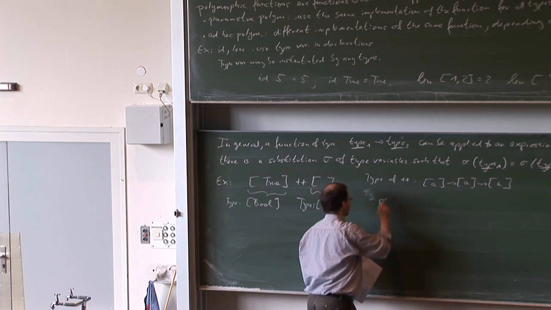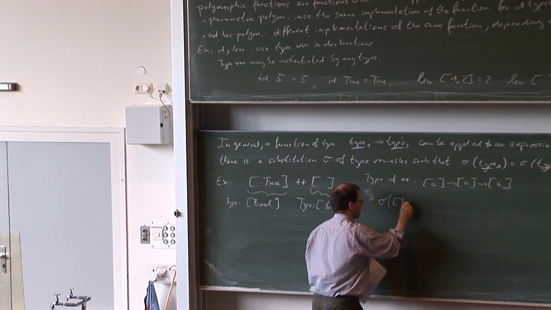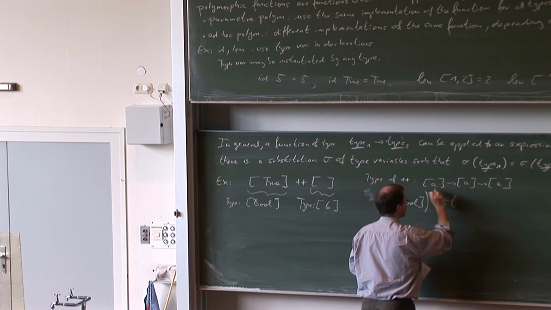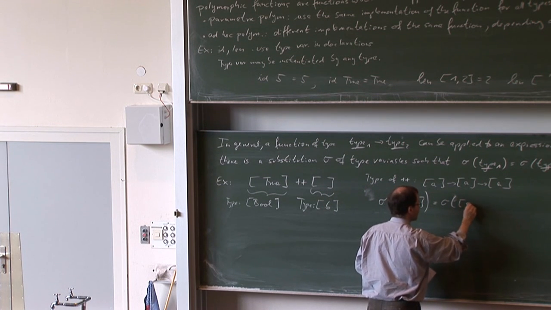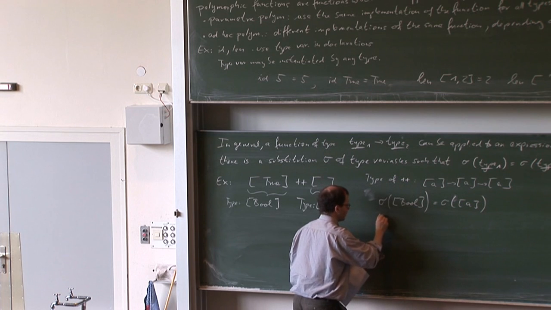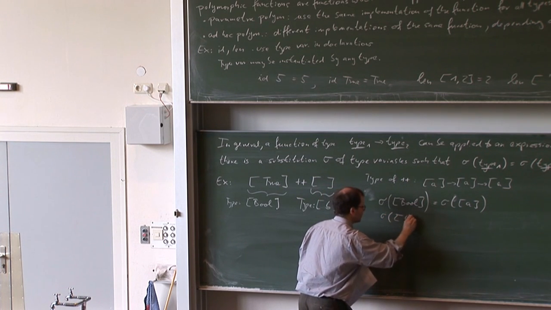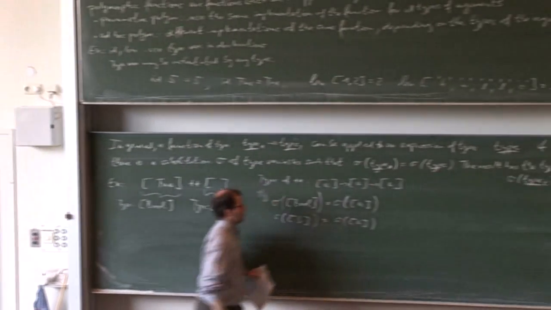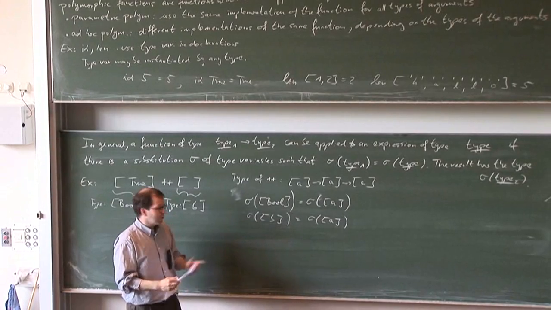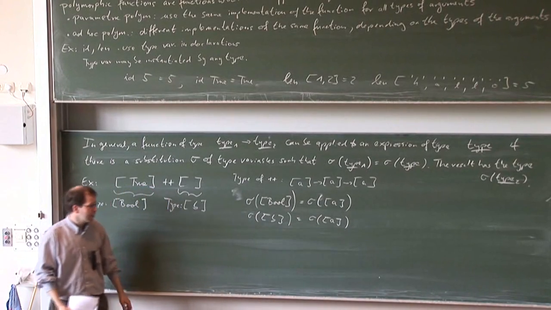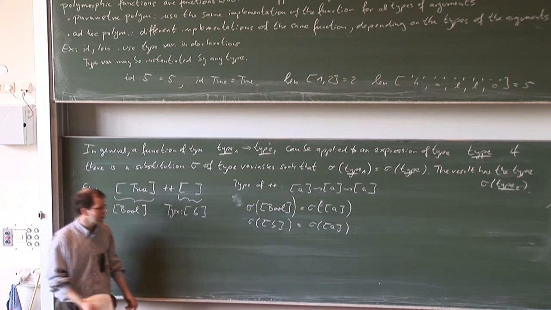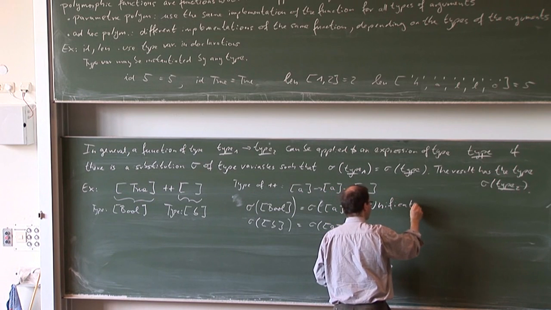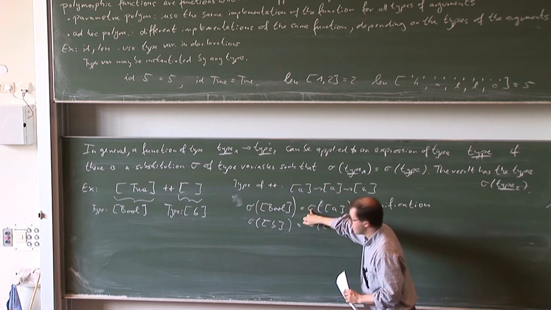So we need to find a substitution sigma such that the type of the first argument is the same as the type of the first argument required by double plus, and the type of the second argument is the same as the type of the second argument of double plus. So this is a unification problem, and Haskell performs this unification. This concept is called unification. We need a unifier. The sigma is called unifier.